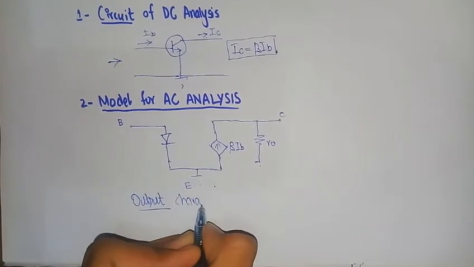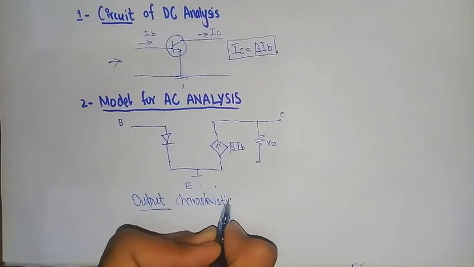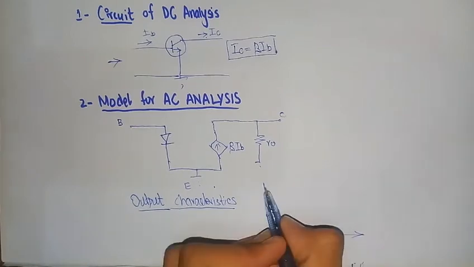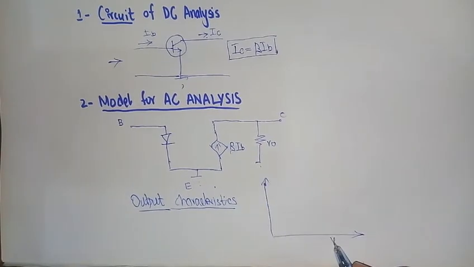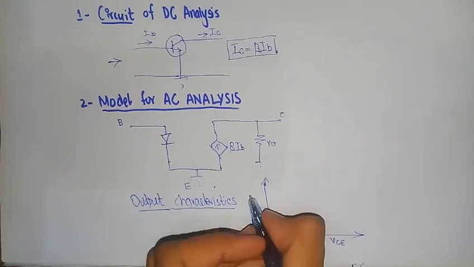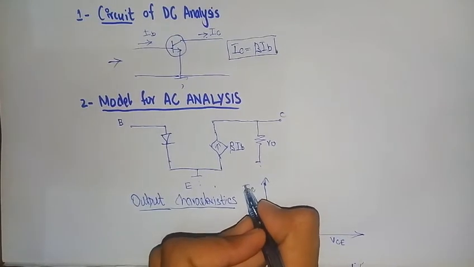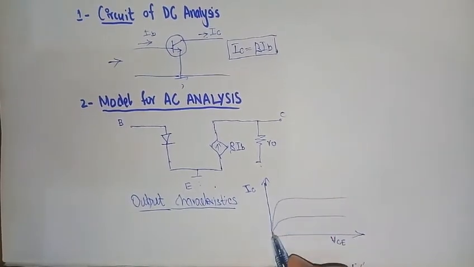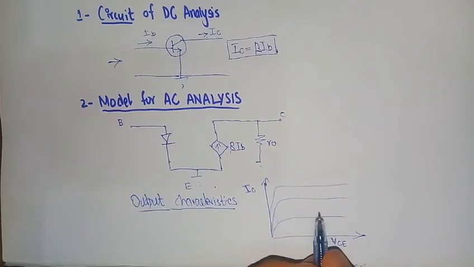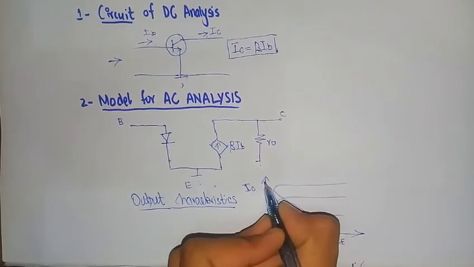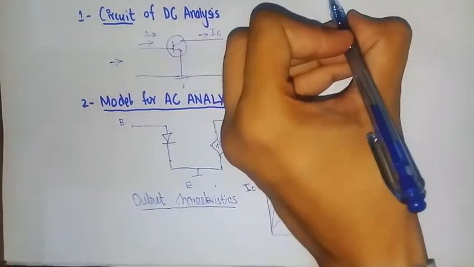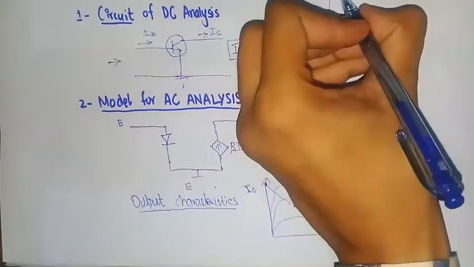In the output characteristics, here we will take the voltage VCE, and here we will take the current IC. Now the output characteristics are drawn, so we will take a load line over there, and there will be a resistance present, R naught, and this resistance comes from IC and VCE, because of Ohm's law.